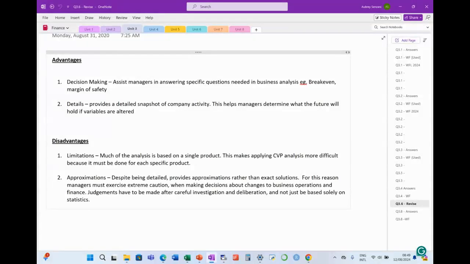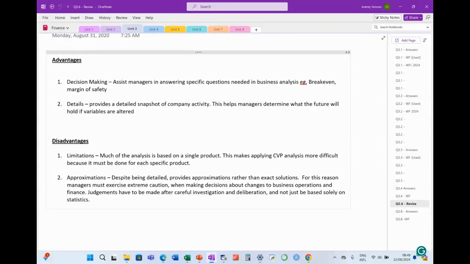Or actually here, they say under approximations, despite being detailed, it provides approximations rather than exact solutions. I think this is speaking more to what I was just mentioning. For this reason, managers must exercise extreme caution when making decisions about changes to business operations and finance.